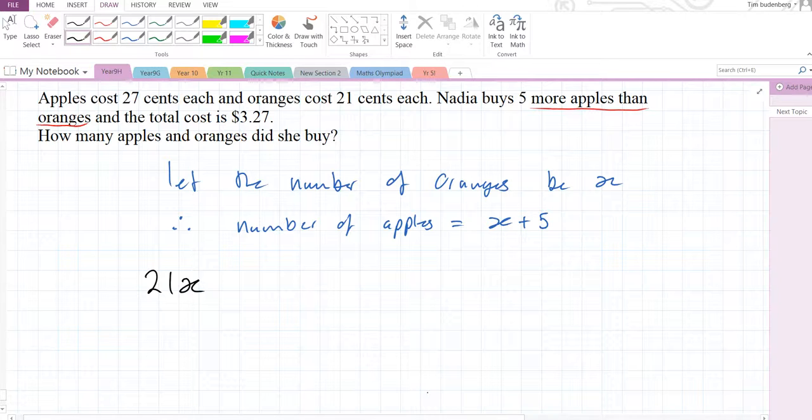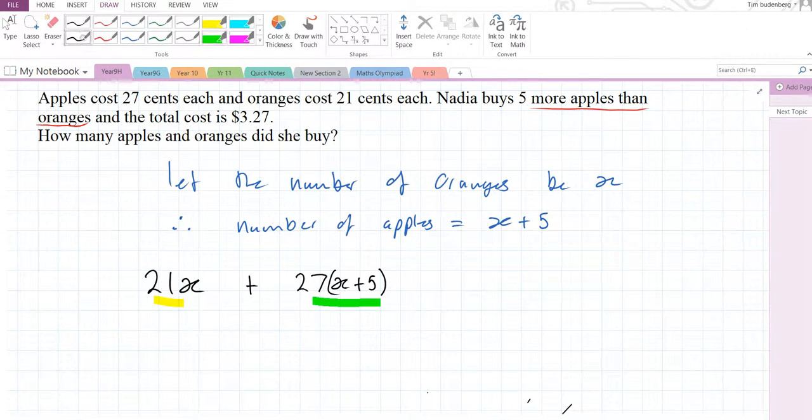Now, similarly with apples, the total cost of all her pile of apples will be the number of apples she buys, which is x plus 5, multiplied by the cost of each apple, 27 cents. And we know that if we add the cost of the oranges and the cost of the apples together, that is going to equal $3.27 or 327 cents.